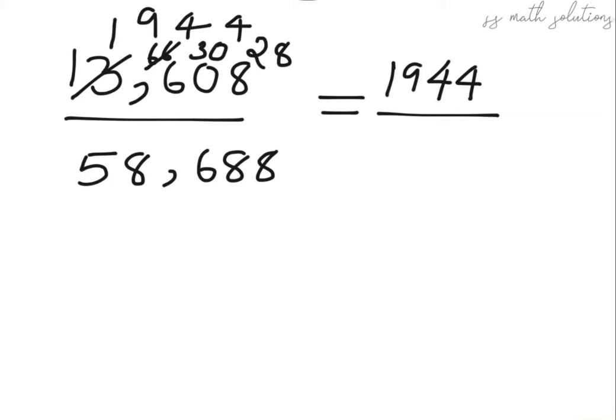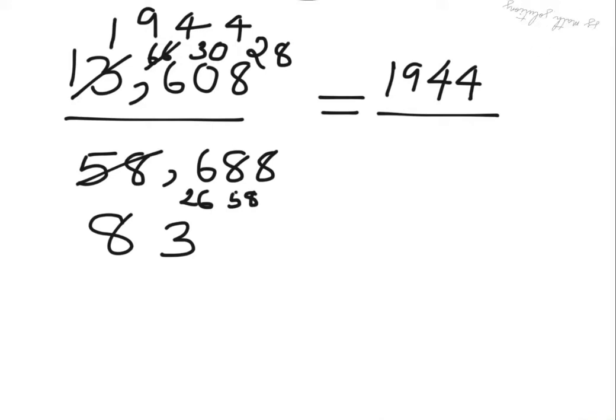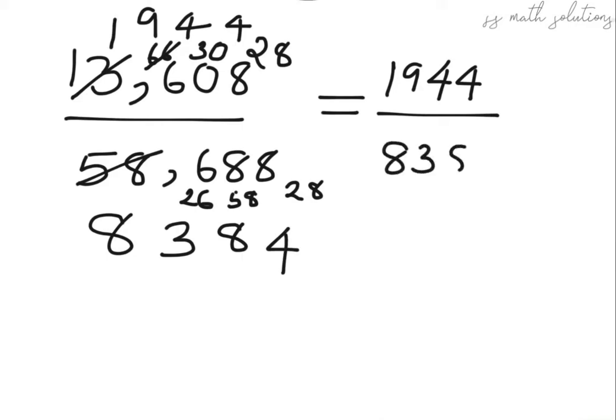Now here also we need to cancel with 7. 7 into 8 is 56, so 8 comes here. 56, so 26, and 3 sevens are 21, so 5 remains, that makes 58. Now again 7 into 8 is 56, so 8 comes here. 56, so 28, and 4 sevens are 28. So our number changes to 8,384.